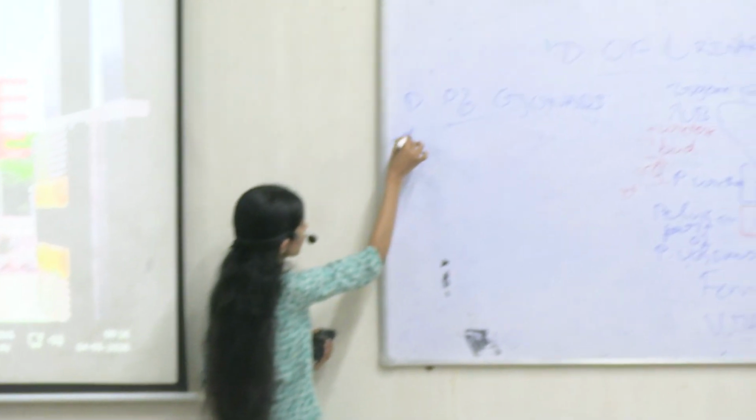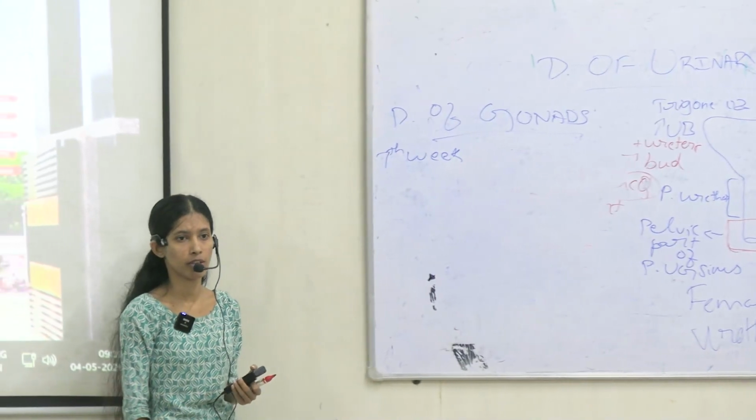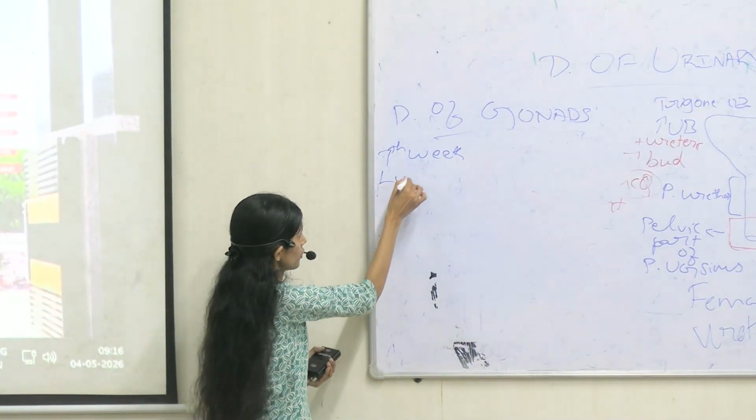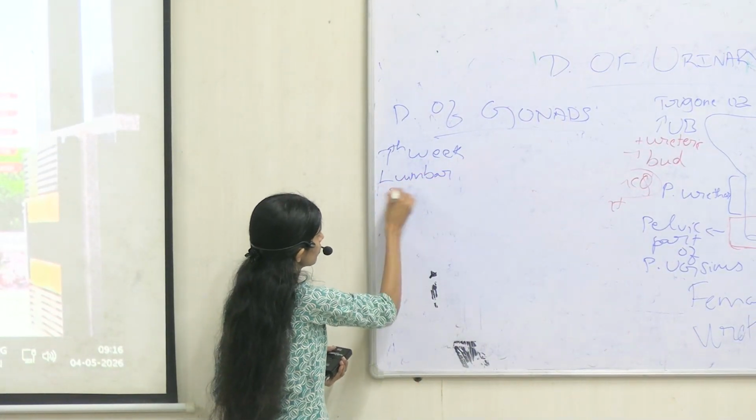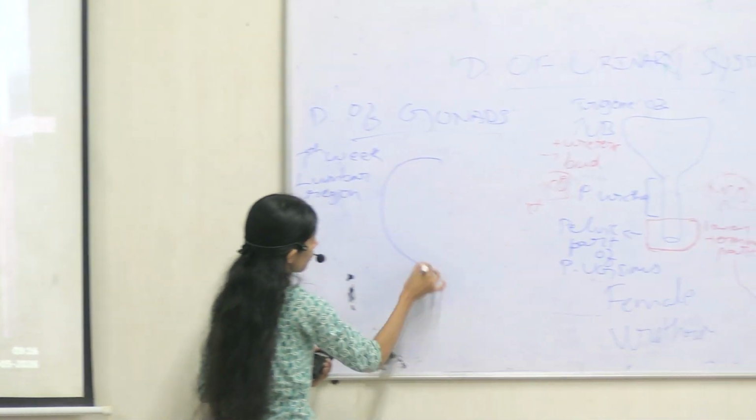So during the 7th week, if you take the section of the developing embryo at the lumbar region, this is how the structure will look.